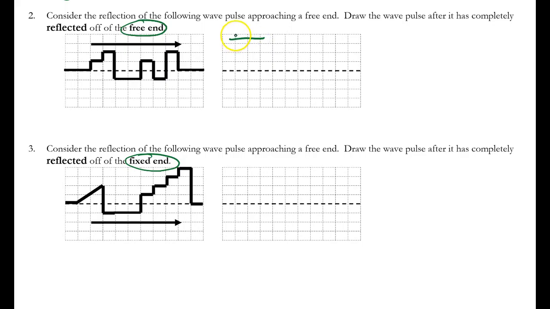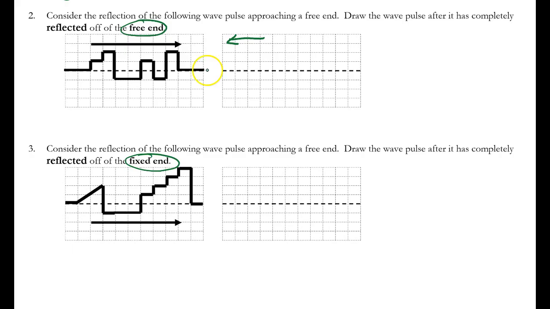Make sure that you know that the wave is now going to the left. Okay, what does it look like while it's traveling to the left? What does it look like after it's been reflected? And in this case, off of a free end is free to move, which means the wave does not have to invert. So it is just going to turn around without doing a backflip.